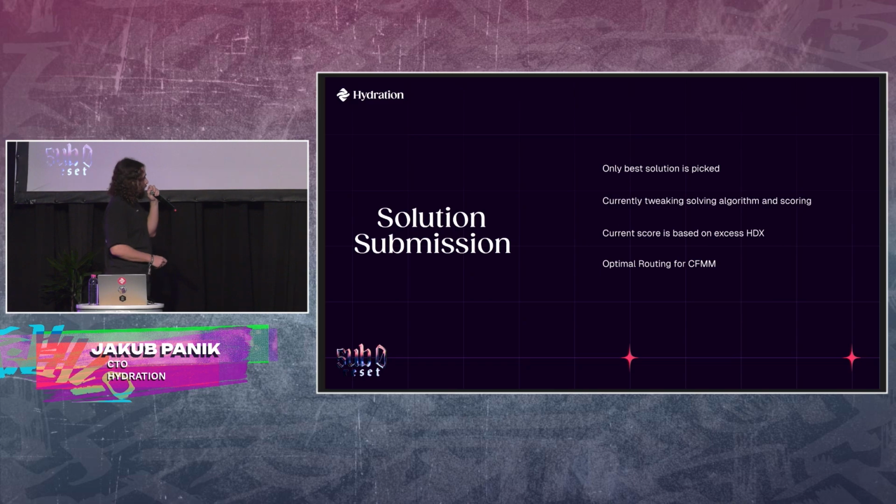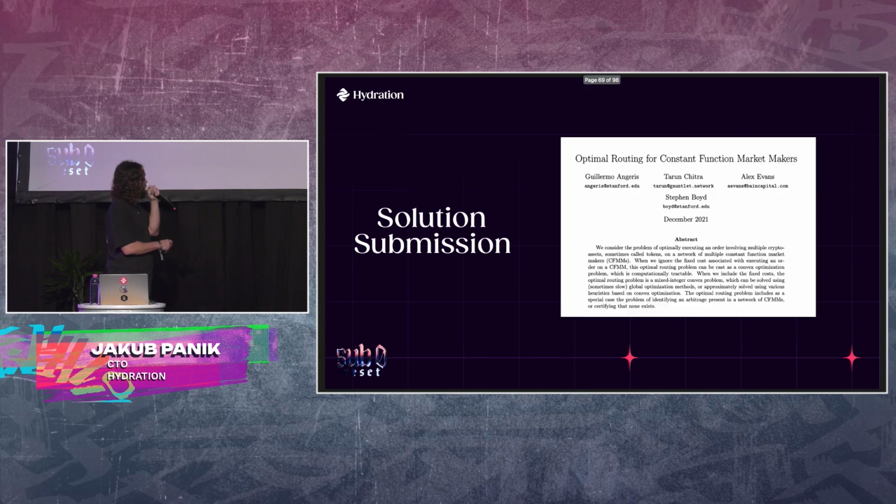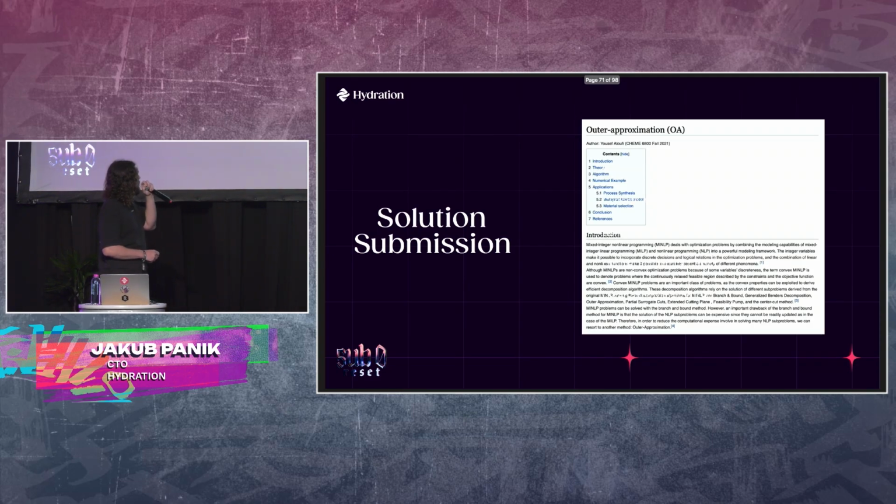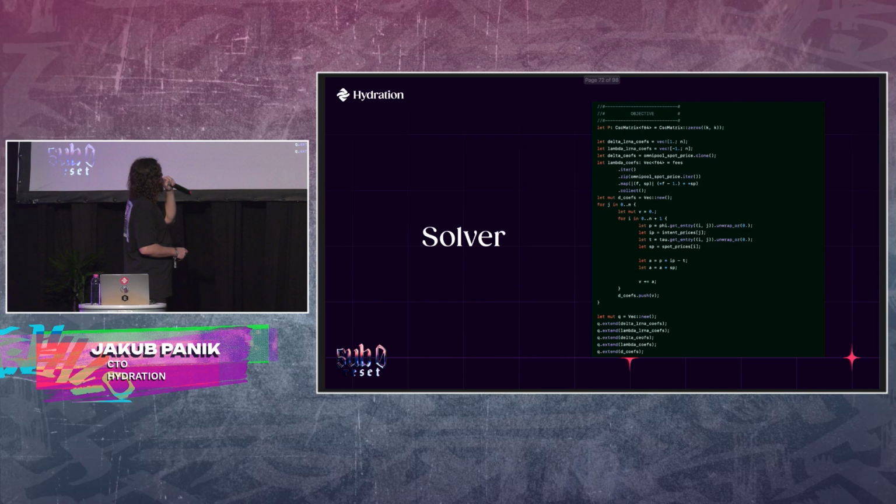And we are using 2 papers to do this. One is optimal routing for constant function market makers. And the second one is outer approximation. And this is a part of the code, how it looks like. It's a bunch of math and matrices.